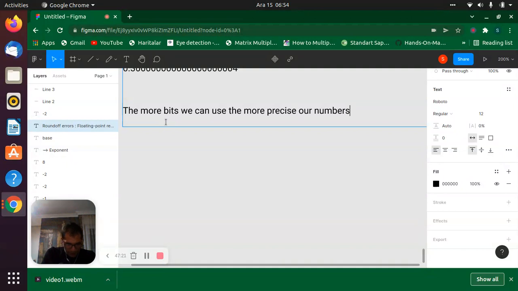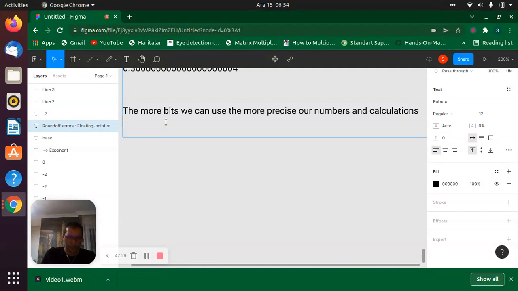So our numbers and calculations in modern 64-bit systems offer a high enough precision for low stakes calculations.